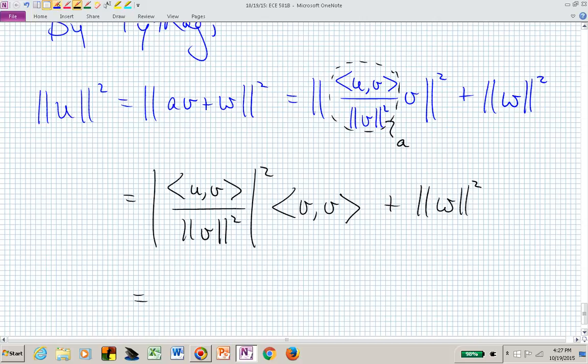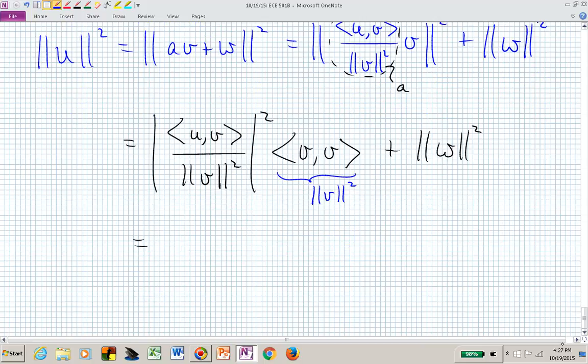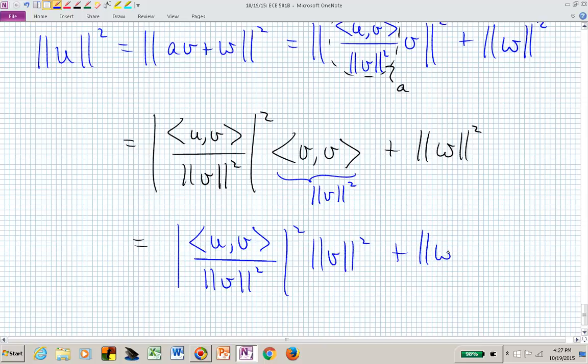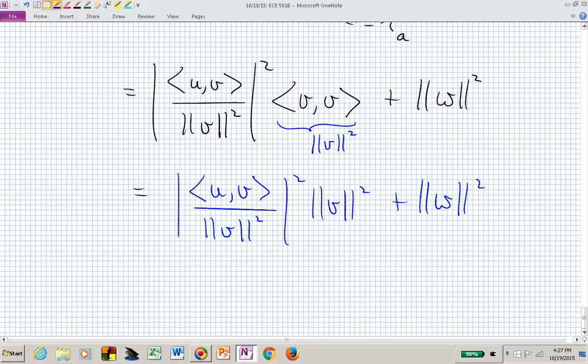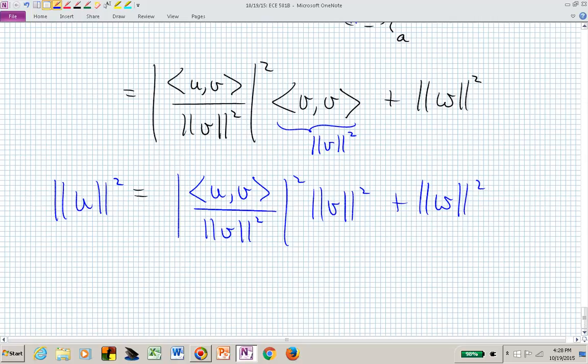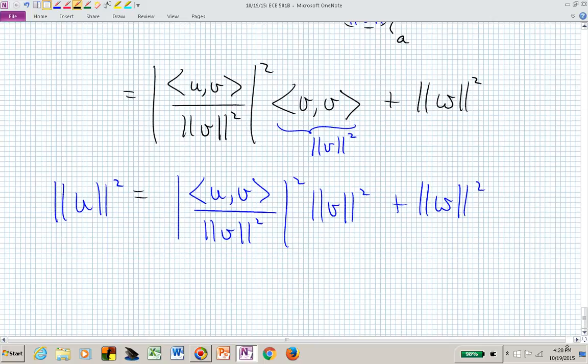But this piece right here is the norm of v squared. Maybe I should have done this in a couple of steps. We now have the inner product of u and v, and now the norm of v squared, plus the norm of w squared. And that's still equal to the left-hand side, which is the norm of u squared. That first term can be simplified a little bit.